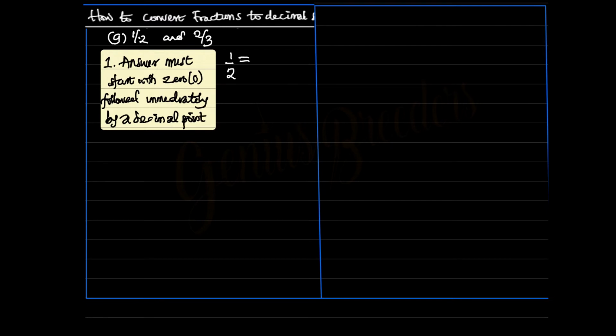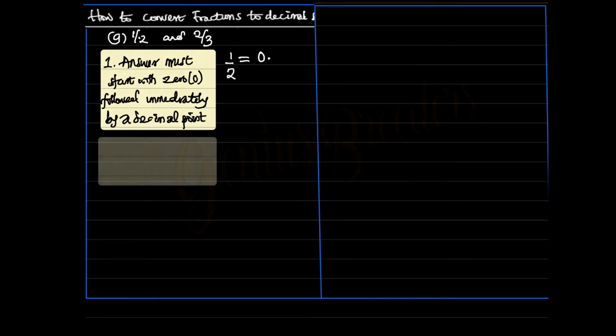So our answer here must be 0 point. This means that for all proper fractions in which the denominator is greater than the numerator, your answer must be 0 point. That is the first thing you must write, 0 point.